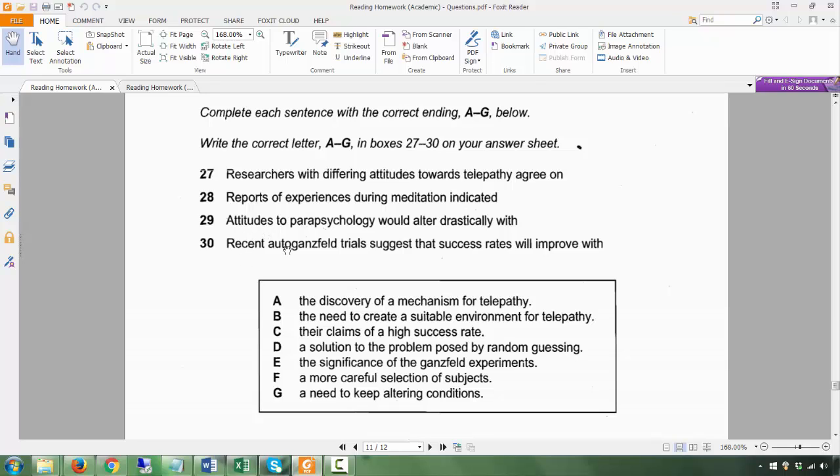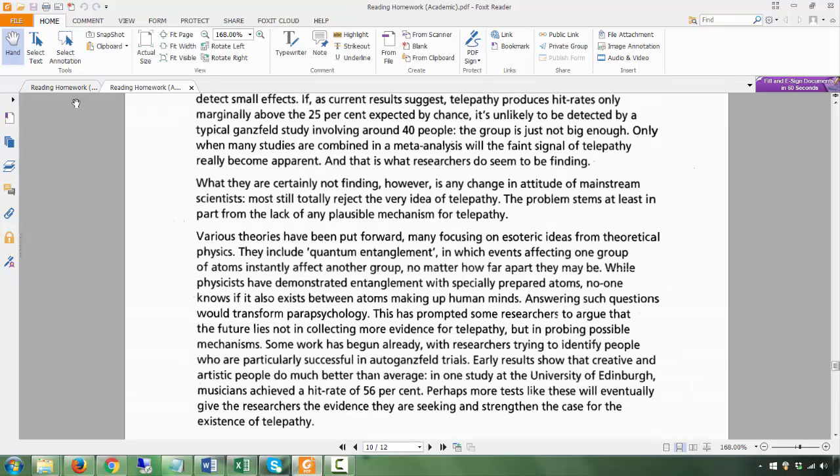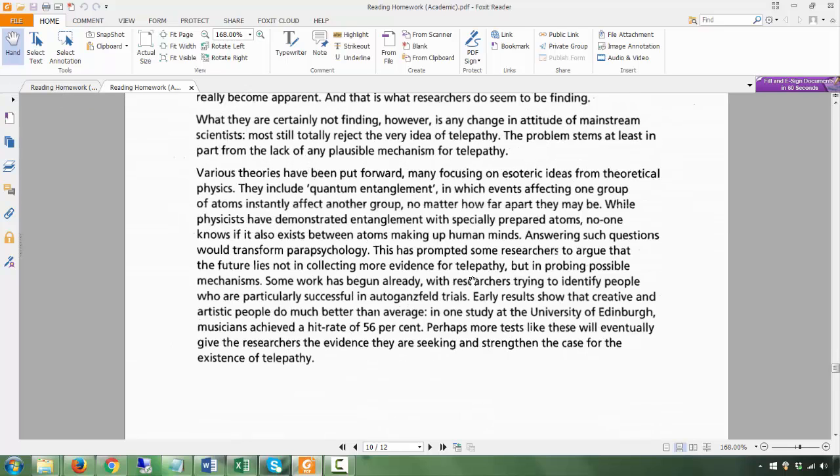Okay, so recent Ganzfeld trial suggests that success rates will improve with F, a more careful selection of subjects. So success rates will improve with a more careful selection of subjects. Okay, so it's here basically. All right, this is Ganzfeld. Okay, so where is Ganzfeld?